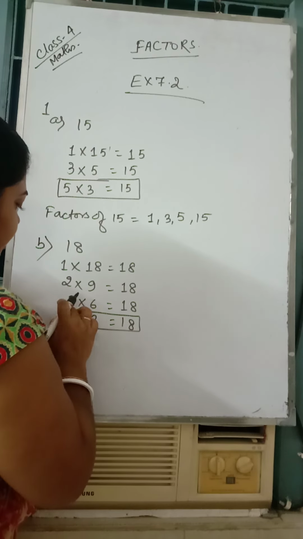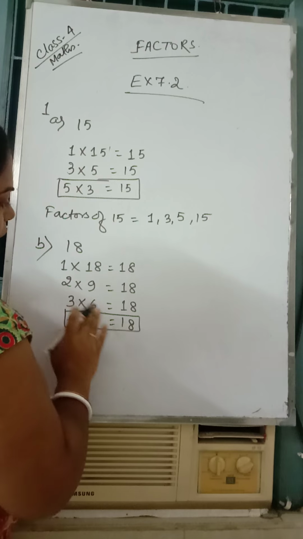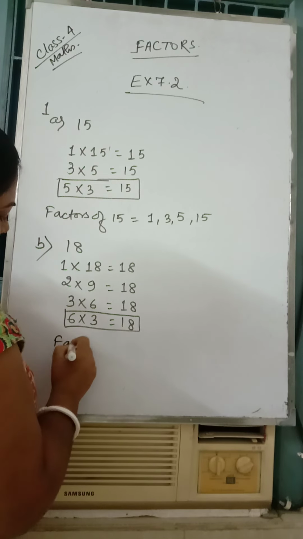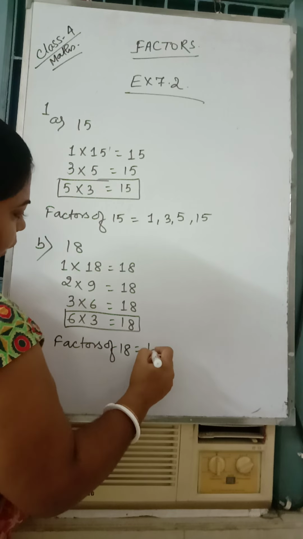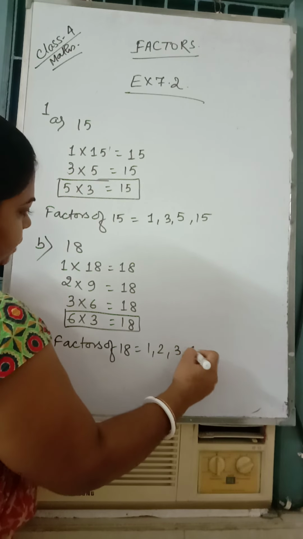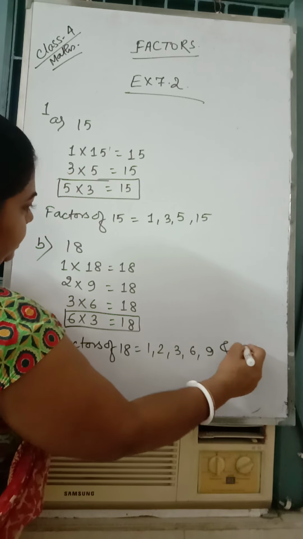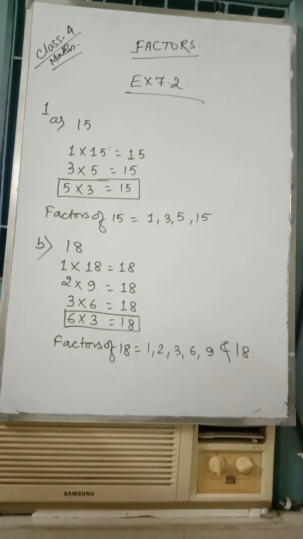We'll stop here. So the factors of 18 are 1, 2, 3, 6, 9 and 18. This is using multiplication.